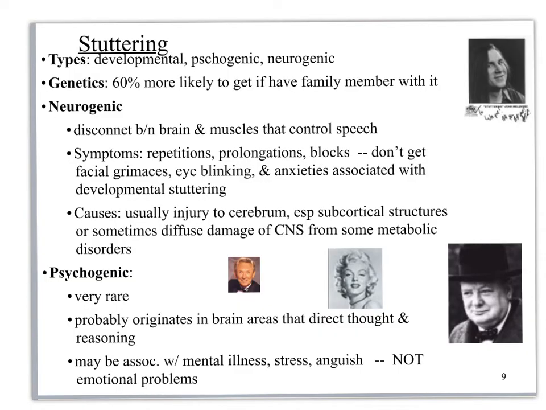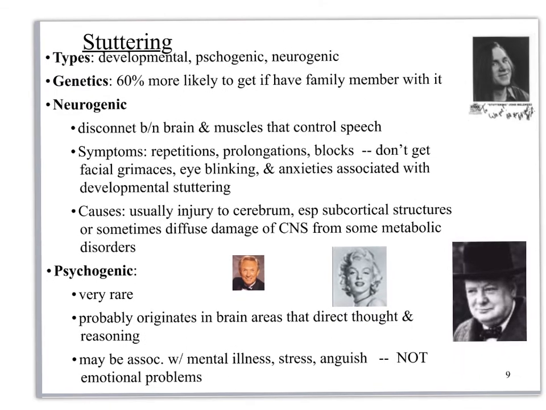When we're trying to understand the body, sometimes it's interesting to look at things when they go wrong, or don't work the way we would typically expect, because that can give us interesting insights into how the body works. Stuttering is an interesting one, and it can be broken up into developmental, psychogenic, and neurogenic. There's definitely a genetic component.